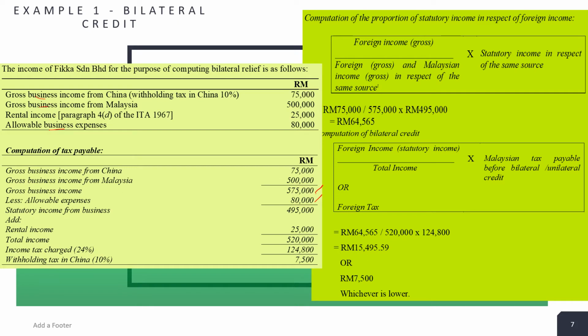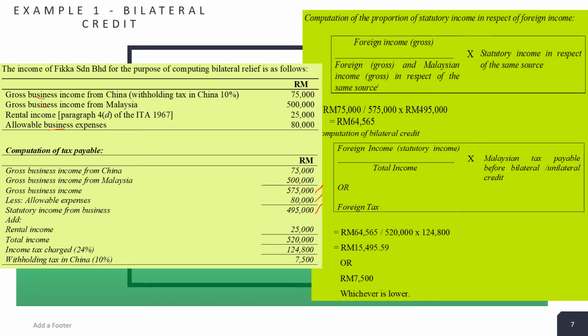Here adjusted is also the statutory income because there is no information on capital allowance. Then only we add rental income to get the total income, and then we apply the tax rate of 24%. Business or company tax rate is 24%.